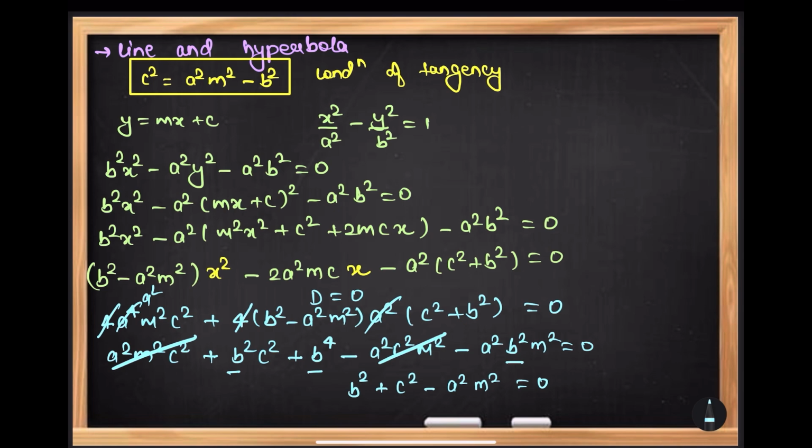Now if you write it this way, you have to write c square is equal to a square m square minus b square. So what we were assuming, we got the same thing.